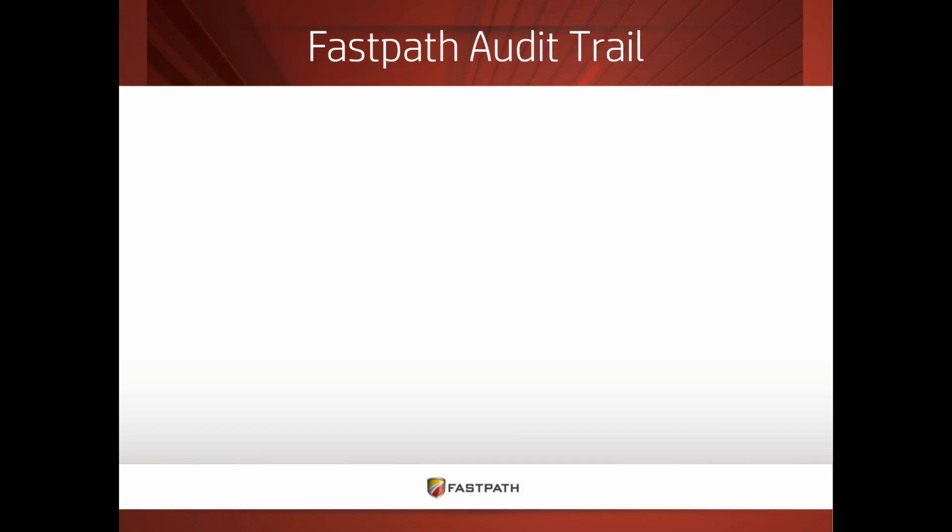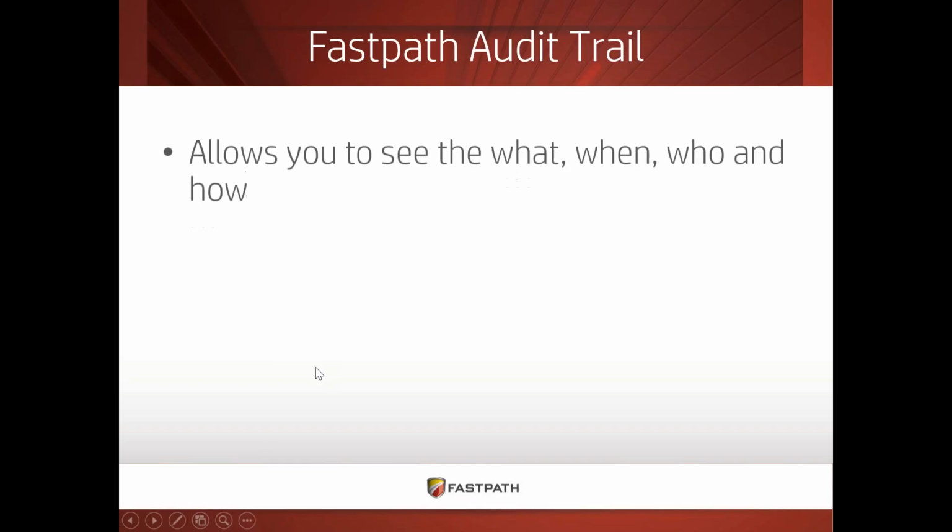Because it could be something as innocuous as a spelling mistake that was corrected to something a little bit more concerning, such as a vendor bank account changing or a vendor check name changing, etc. And not to say that it was changed for a malicious reason, but potentially there could be some training issues that you might want to address too. It could be that the users are not fully trained in how to best use the system, and that can be found via some audit trails as well.